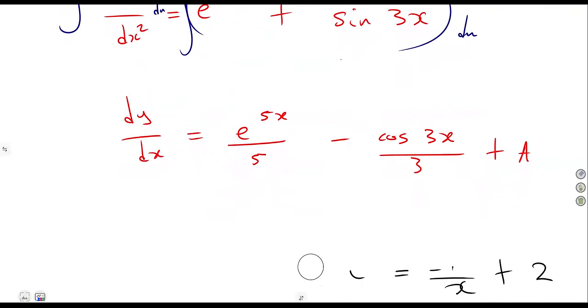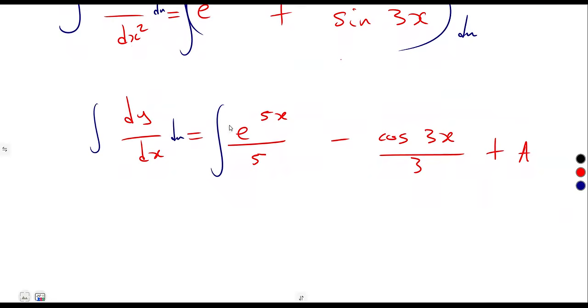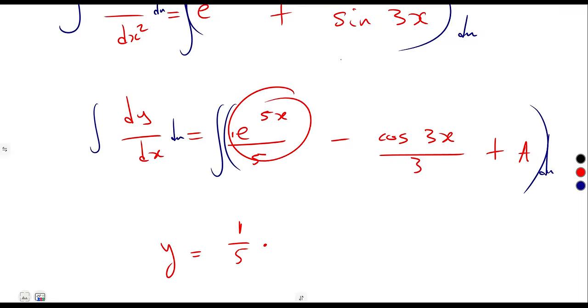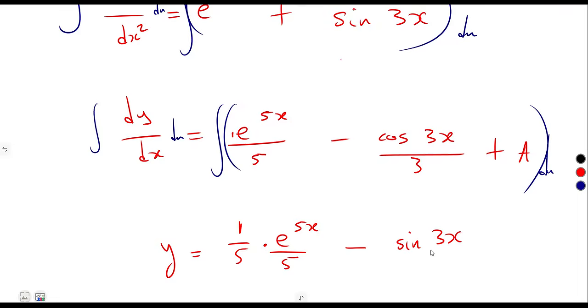Then we integrate again. Remember, we need y there. So we integrate this with respect to x, so that we can have y. In our case, y is equal to 1 over 5 times e to the exponent of 5x over 5, minus, a cos changes to a sine, so the sine of 3x over 3, but already there's this 3 that we are given.